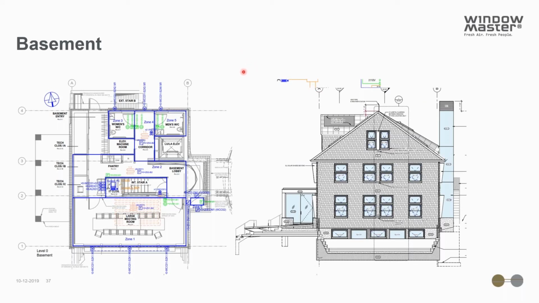Then we have a question about the window types. It's asking if the sliding windows, which are very common in the US, are a window type that is often used for natural ventilation. The sliding window doesn't go very well hand in hand with the actuators because of the resistance that you often experience in those types of windows.